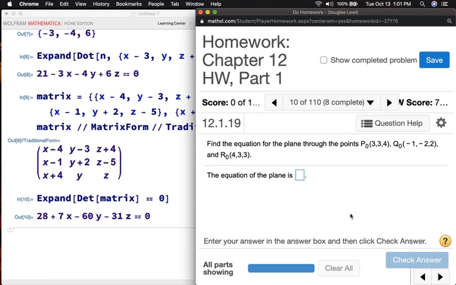Okay, this is really the same thing, although we can solve this one a little bit differently. This is the same type of question, but we can solve this differently, and we'll still arrive at the same answer. Find the equation for the plane through these 3 points.